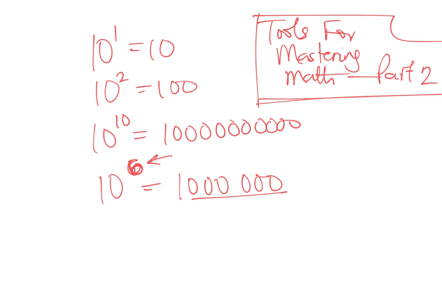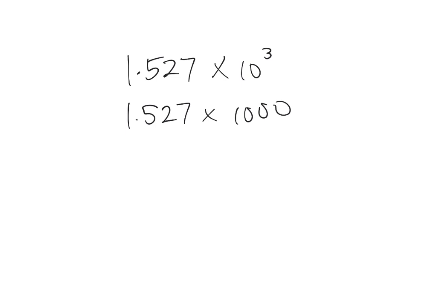So multiplying decimals by powers of 10 is the next section here. When we're multiplying decimals by powers of 10, if you have 1.527 and you're multiplying that by 10 to the third power, that is 1.527 times 1,000. So this decimal point will actually move to the right 3 times. 1, 2, 3. So the answer is actually 1,527.